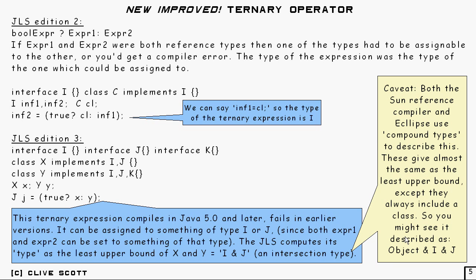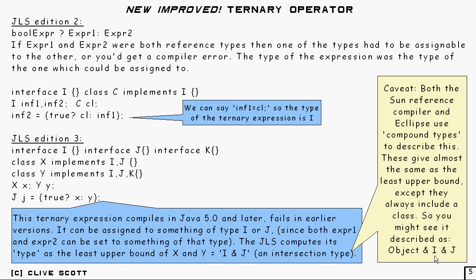And so you might see it described as Object and I and J if you're looking at error messages, because the compiler is computing a compound type. In fact, compound types aren't even mentioned in the Java language spec, so it's not very good of it, is it? But that's what it's doing if you look at the compiler code.